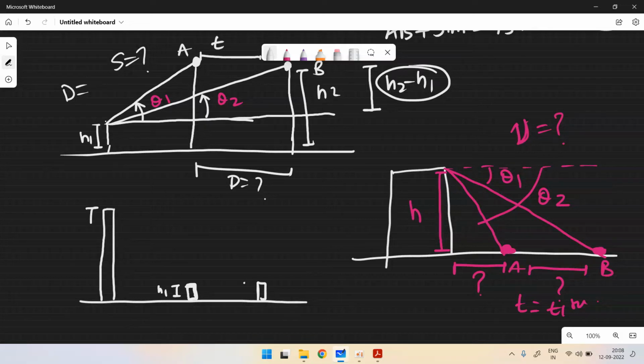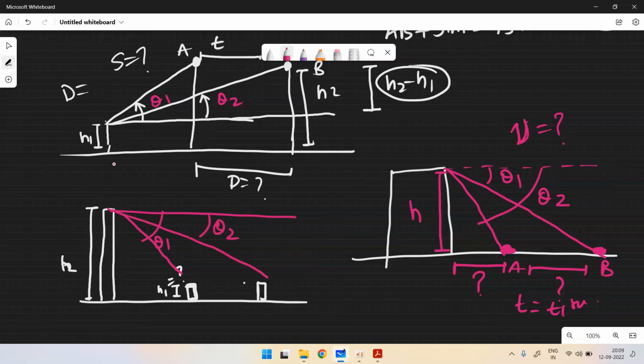The height of the building is given as h2. You need to calculate h1, but h2 is given, and the angle of depression from the point can be given. This is theta 1. This is theta 2.